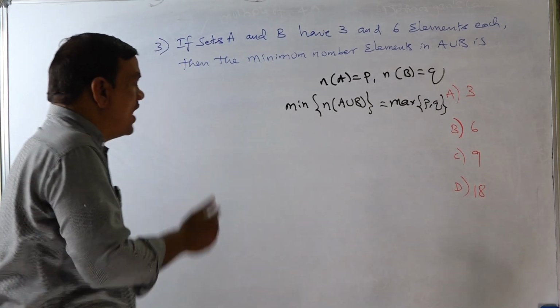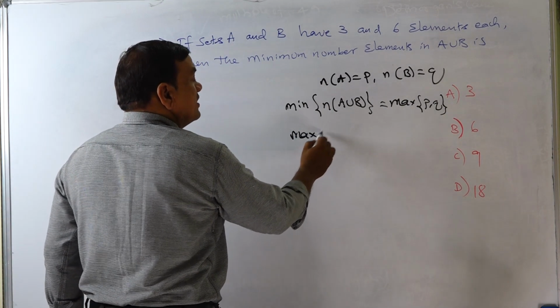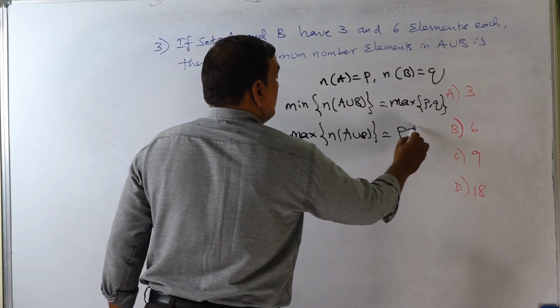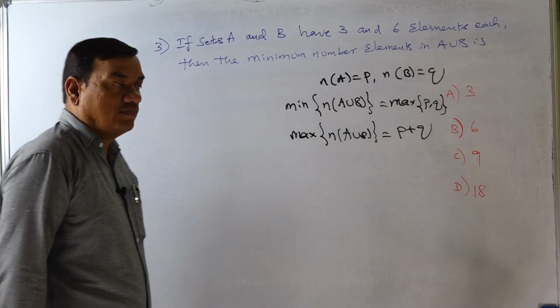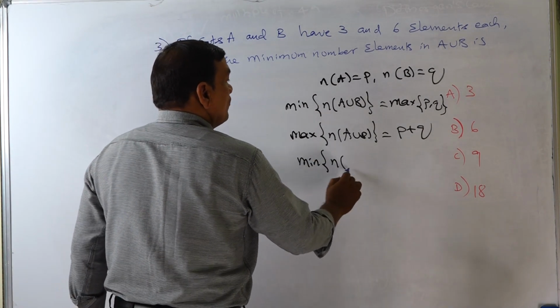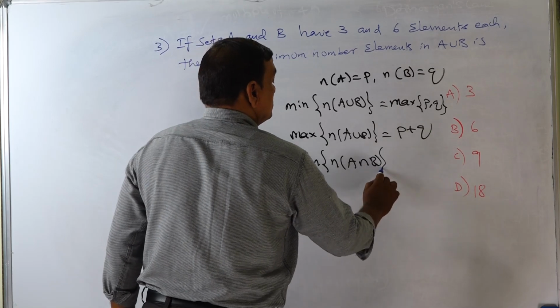What is the maximum number of elements present in A union B? It is nothing but P plus Q. The minimum number of elements present in A intersection B is equal to 0.